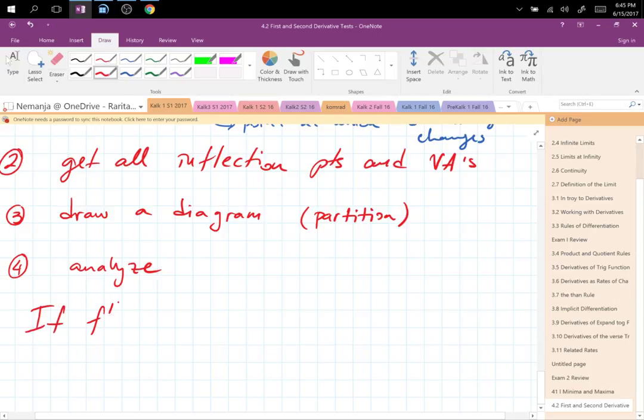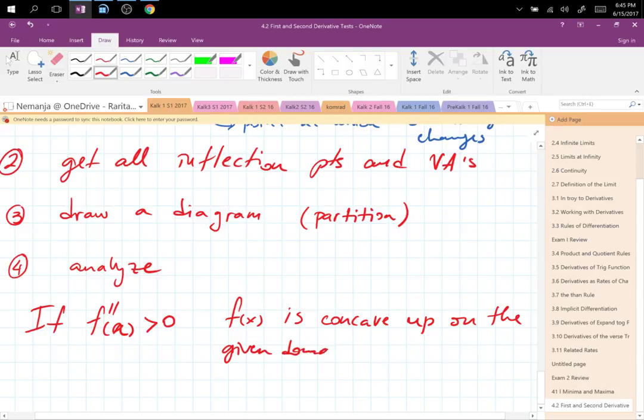If the second derivative computed at A is larger than 0, then f of x is concave up on the given domain. It could be restricted, as well, could be infinite.